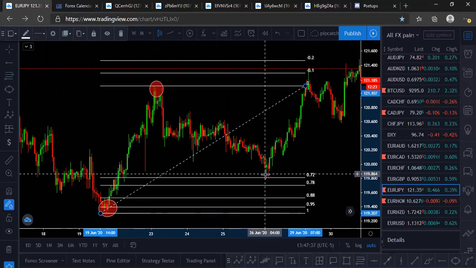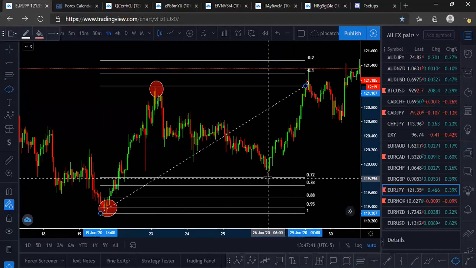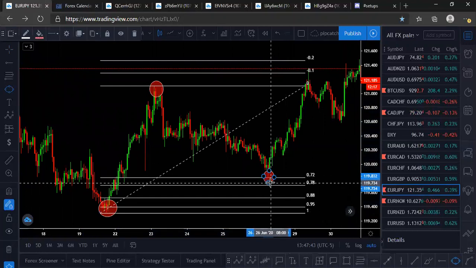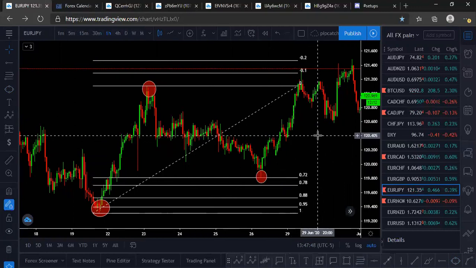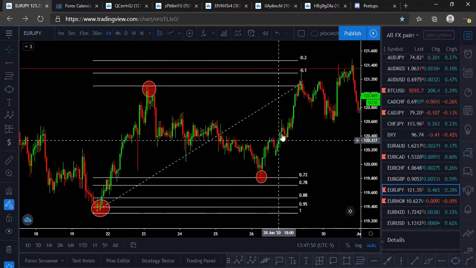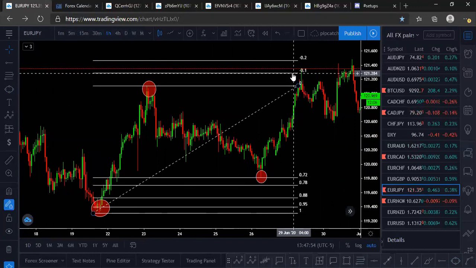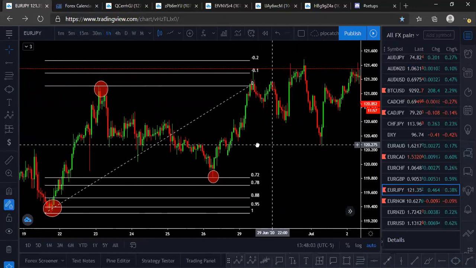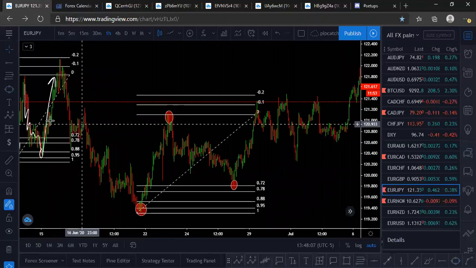Then you see how price comes cleanly back down into the 72 fib area, and then price goes up and just taps that negative 0.10 take profit area. So that is a bullish example.